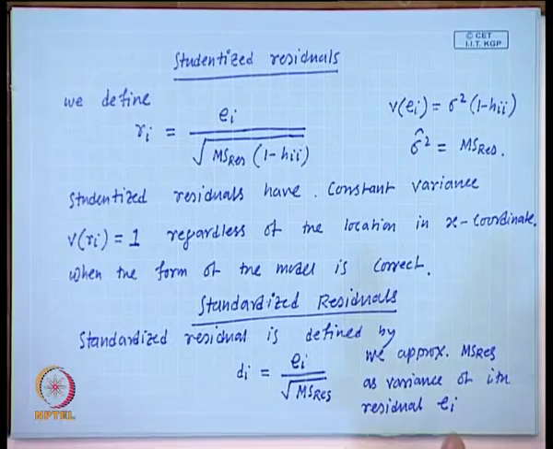So, till now we know about two scaled residuals, one is the standardized residual and the other one is the studentized residual, and both give almost similar information, but in some cases they are different.